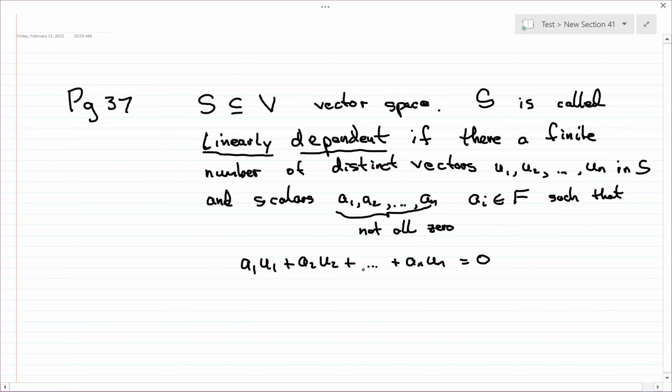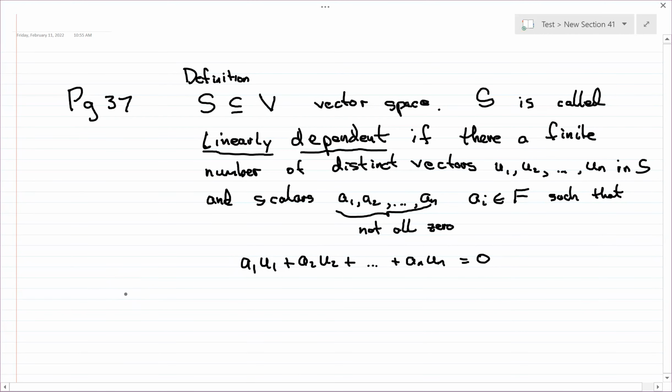Now, if you can find that, let me just say underneath what this definition means. So this is the definition on page 37, the definition of what it means to be linearly dependent. And probably here's an afterthought or some note.